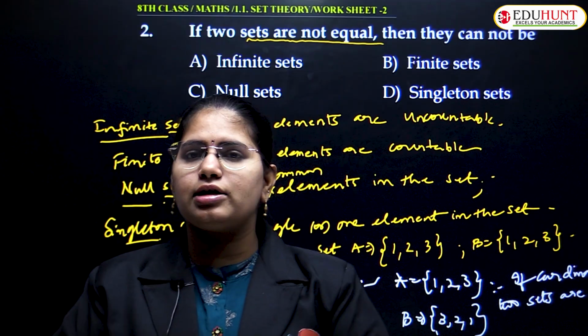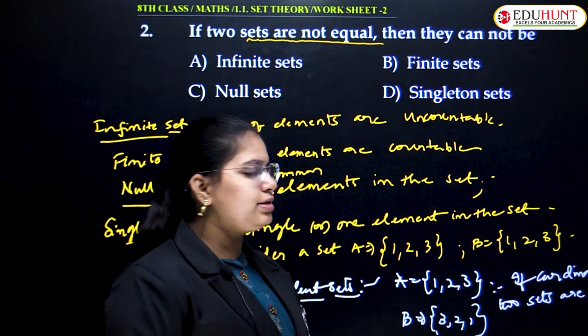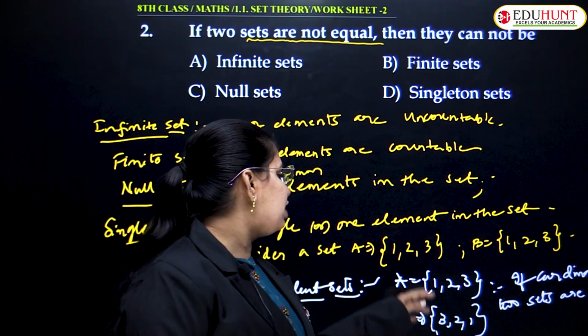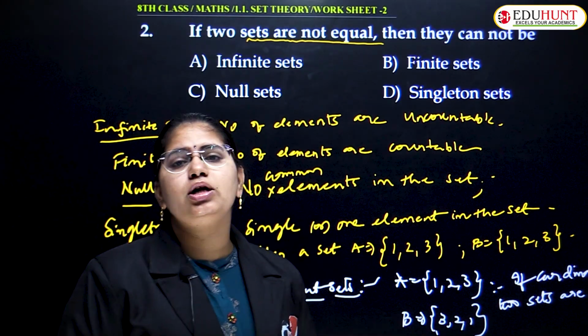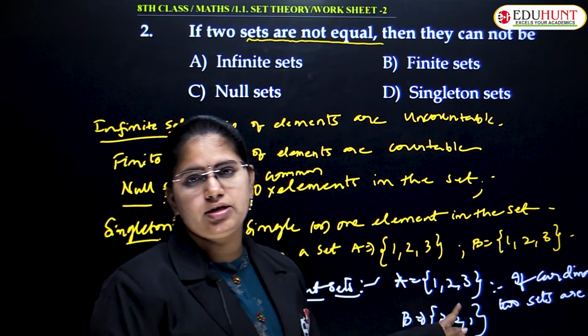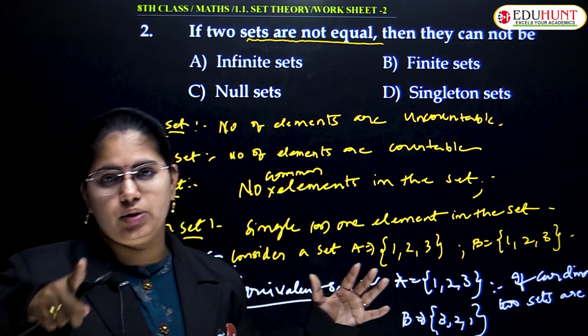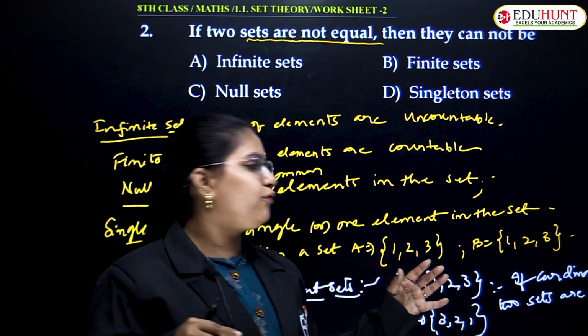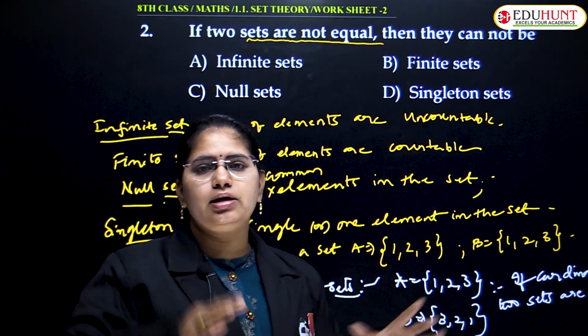Then you can say those are equal sets. Whereas in equivalent sets, the positions of elements, if you take 1, 2, 3, may not be equal to the same number in the first place. Here I am talking about the number of elements being equal. If the elements in the positions are equal, then you can say it is an equal set.